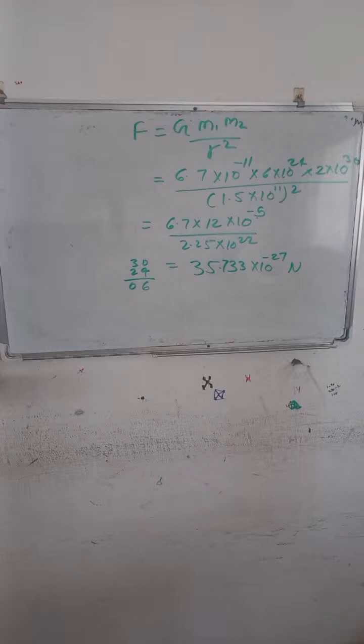Assume the height of the satellite to be 4,200 kilometer from the center of the earth, and mass of the earth is given. Mass of the earth is 6.0 into 10 raised to 24 kg.